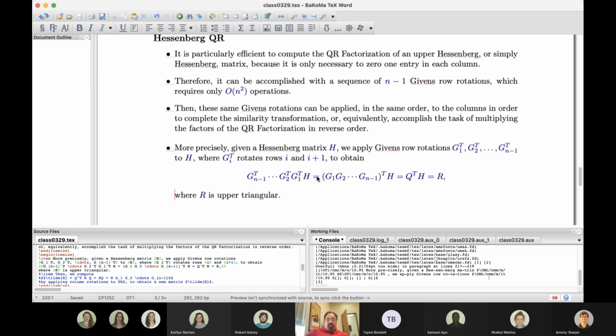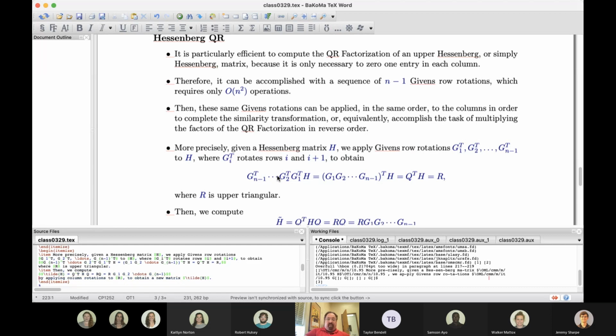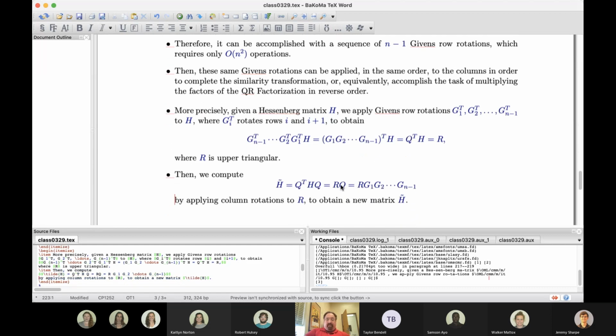So that'd be the same as G1, notice the order here is the reverse of what's here, all of that transpose, H. So all of this together makes Q in the QR factorization. So that's upper triangular. And then you apply those same rotations on the right. So I take my R and multiply by G1, G2, and so forth. These are the same matrices, just not using a transpose anymore.